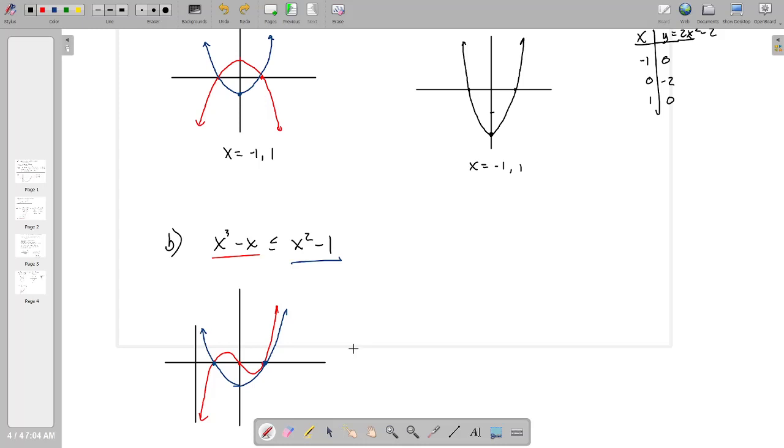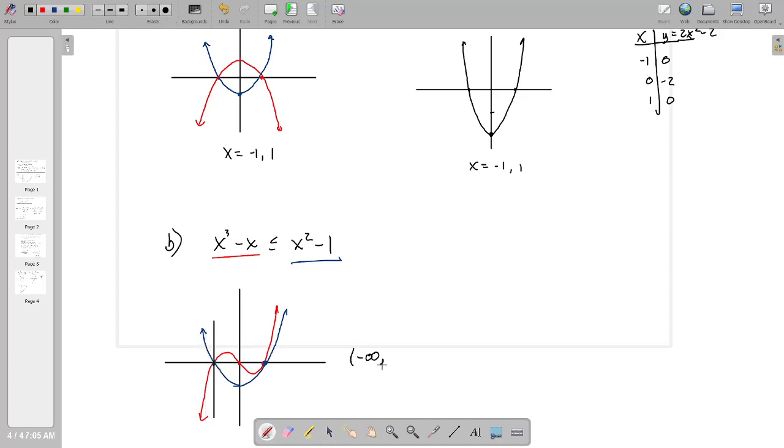So we'll have all of the x values from negative infinity up to a certain point. Well, now we need to figure out when the blue curve stops being higher than the red curve. Well, it stops being higher at x equals -1, but we have less than or equal to.